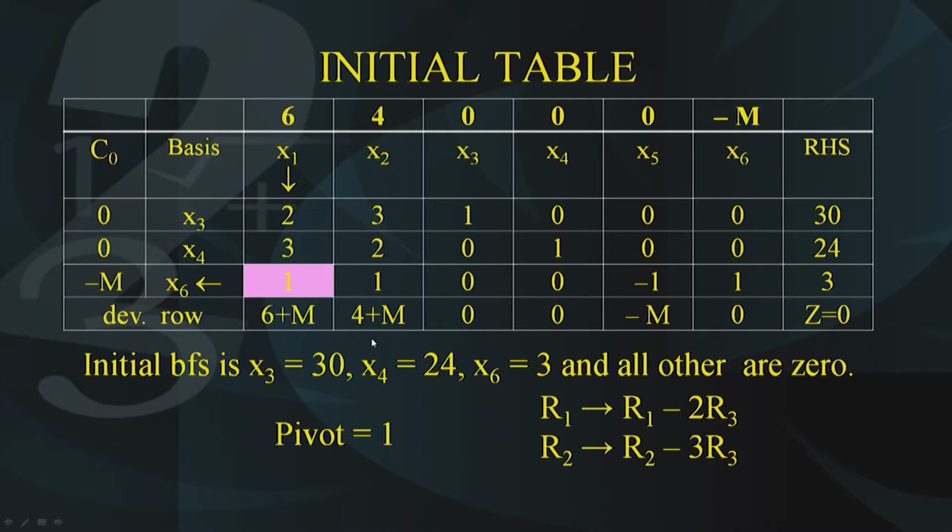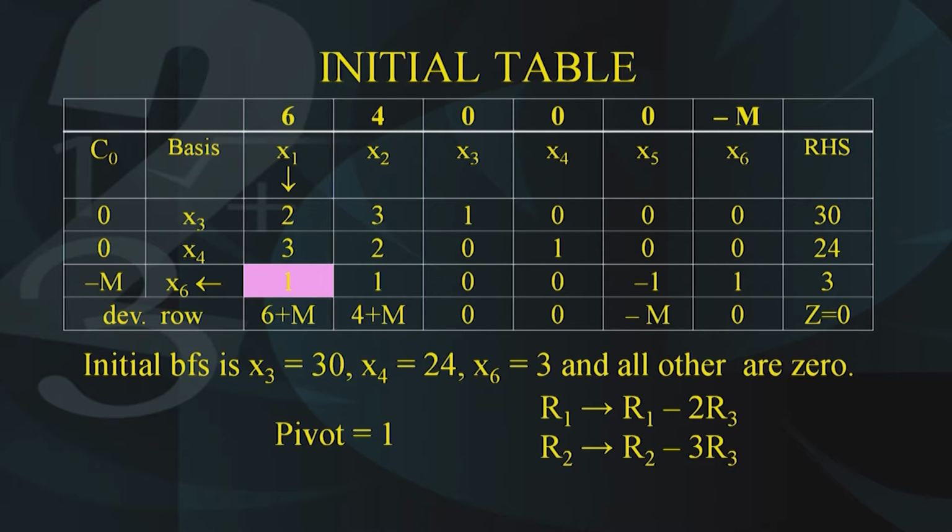We are going to apply the following elementary row operations: R1 has to be replaced by R1 minus 2 R2, and similarly R3 has to be replaced by R3 minus 2 R2, sorry, R2 minus 3 R3. So, with these elementary row operations, we can make this column 0, 0 and 1.